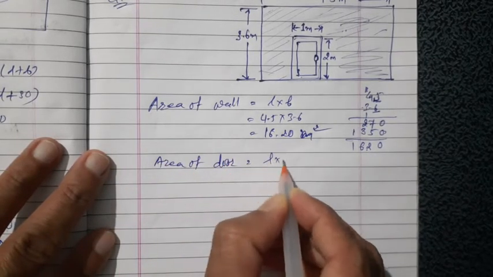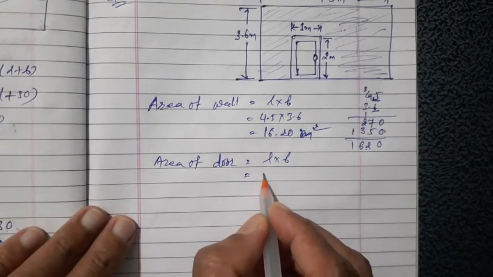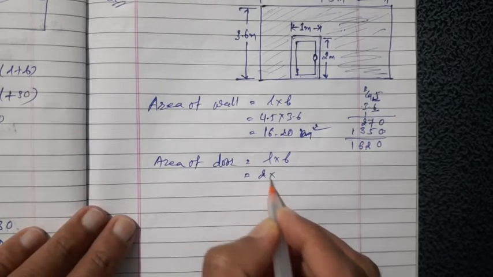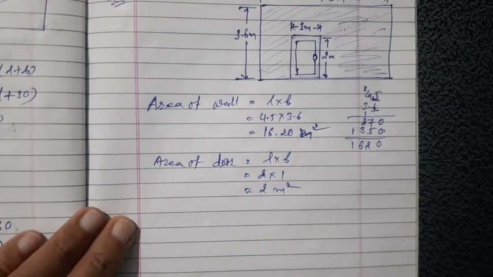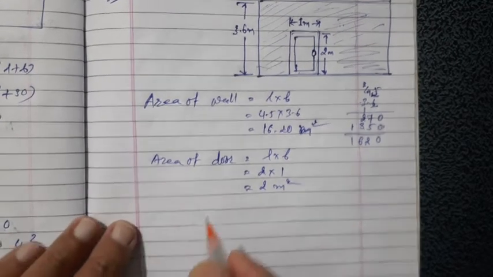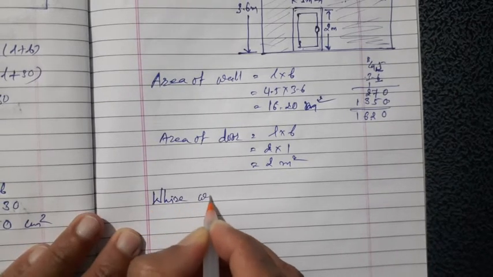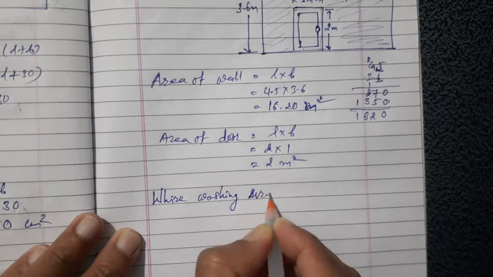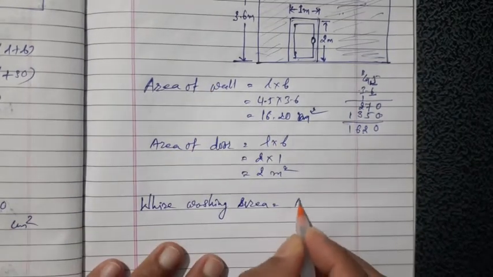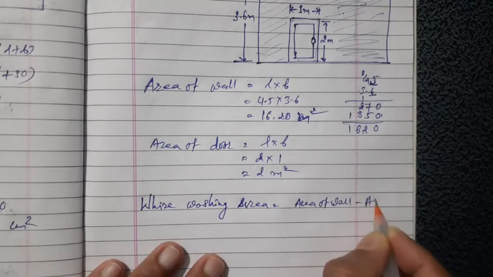Now the area of the door. That is also L into B because that is also rectangular, and L is 2 and B is 1. So 2 ones are 2 meter square. So whitewashing area equal to area of wall minus area of door.